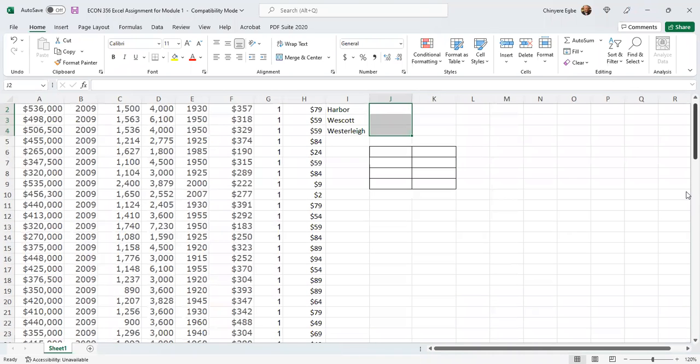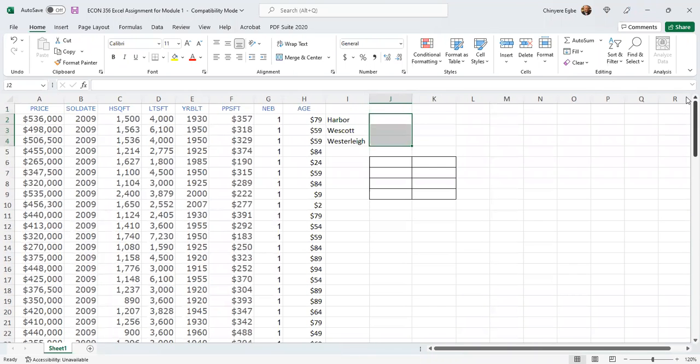Yes. Right. Last week, I illustrated how to calculate average for a set of statistical data. Average age of houses. I illustrated how to calculate the average age.